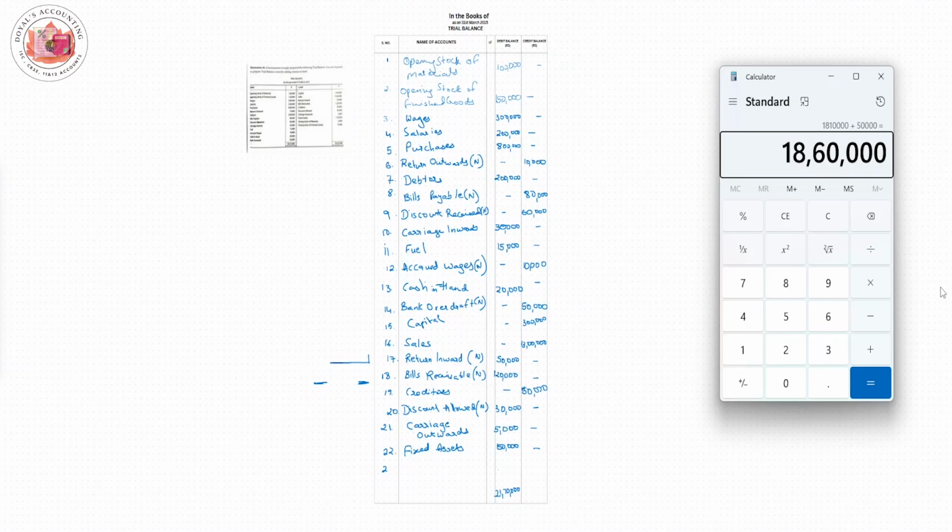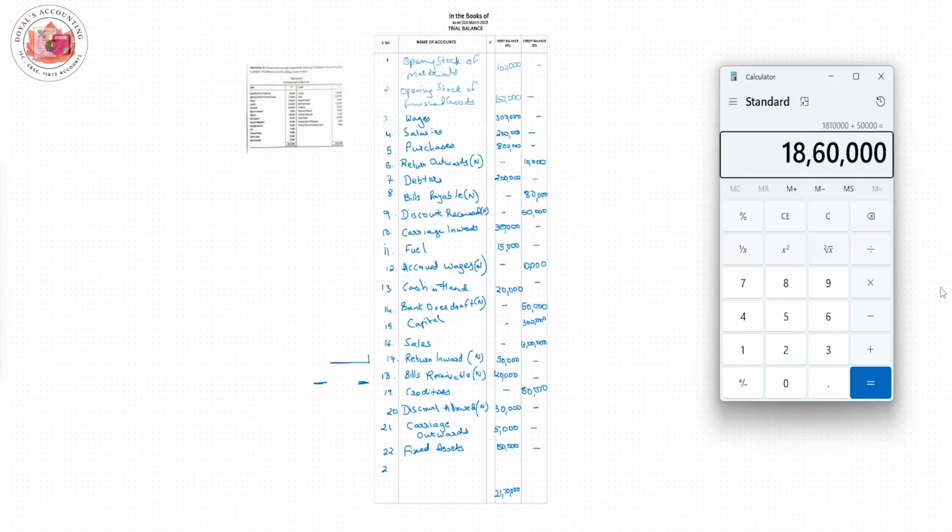So let's see what's the difference between the two. I know closing stock won't be included because it has not been adjusted against the purchases. Opening stock and purchases are good enough for me to get my total figure, so that is not an error. Then wherever I've written notes, those accounts were wrongly classified.